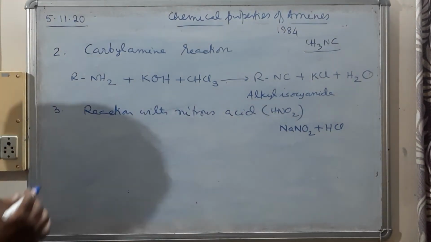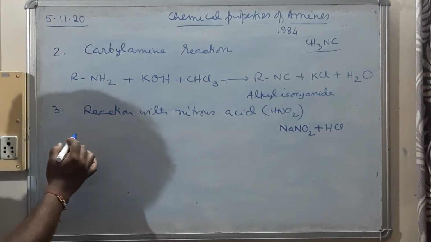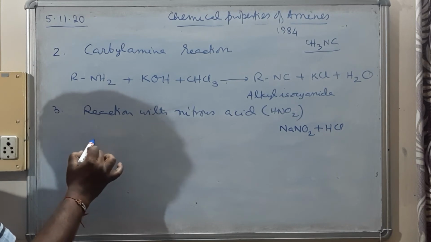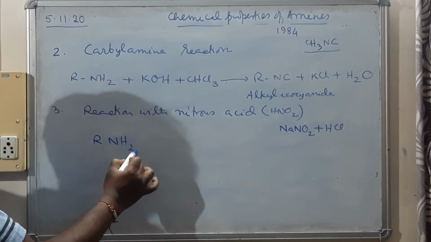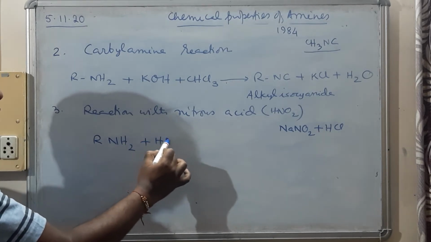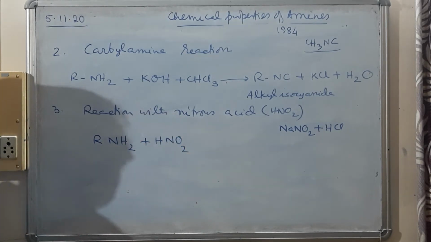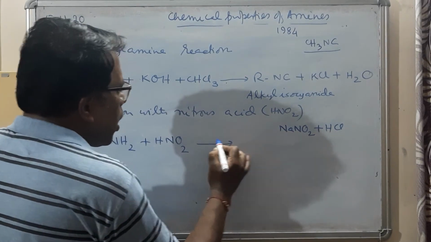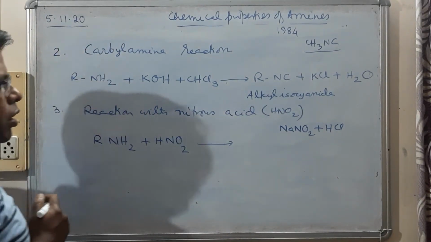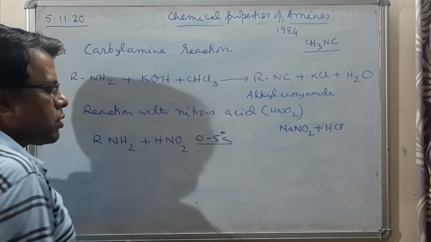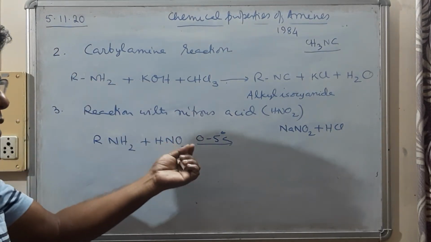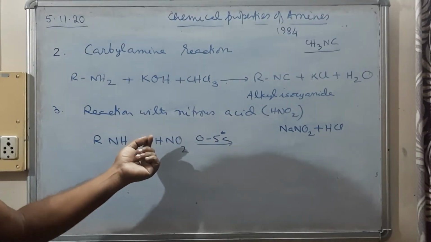So what happens is, first, aliphatic primary amine. We are using aliphatic primary amine with nitrous acid at a very low temperature, that is 0 to 5 degrees Celsius. This temperature is maintained by using ice.